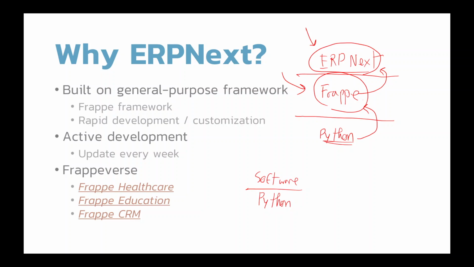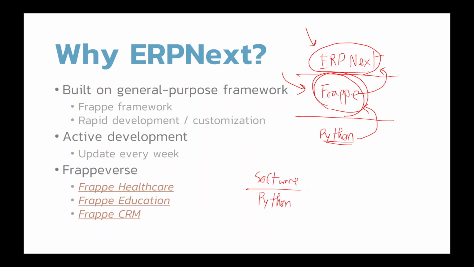By what they say, they built the general purpose framework before writing the actual software. And what's cool about this is that once they do this, this general framework, ERPNext is not the only thing that they built. They actually built something else. For example, healthcare. So they built the management system for healthcare.